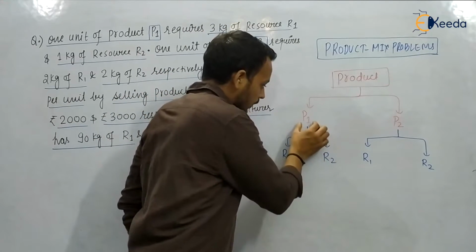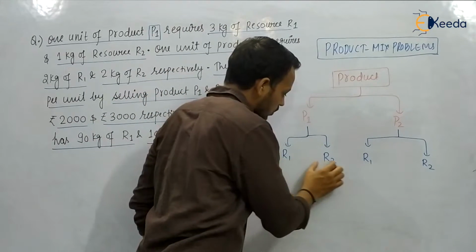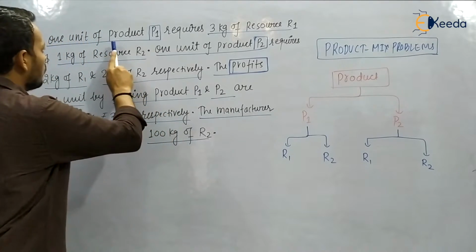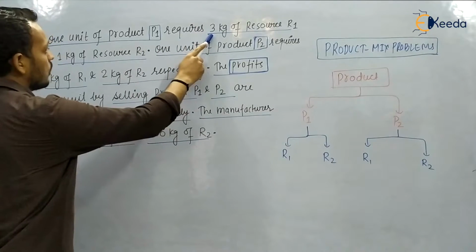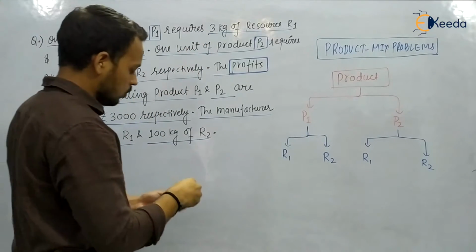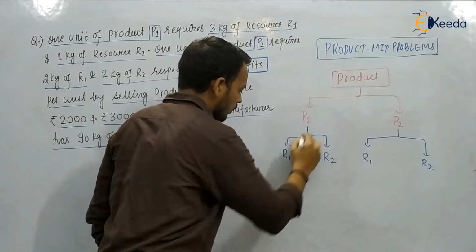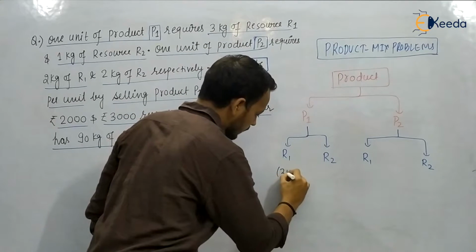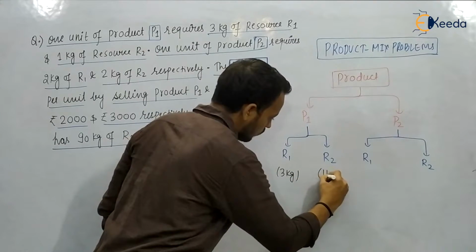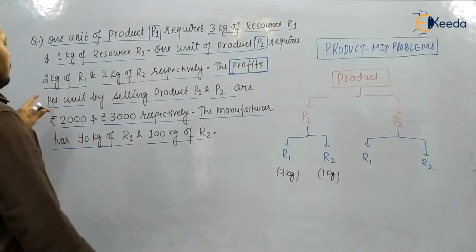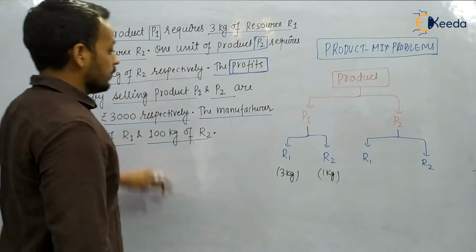To make products P1 and P2 we have two resources, R1 and R2. Now read the question. It says that 1 unit of product P1 requires 3 kg of R1 and 1 kg of R2, and 1 unit of P2 requires 2 kg of R1 and 2 kg of R2.